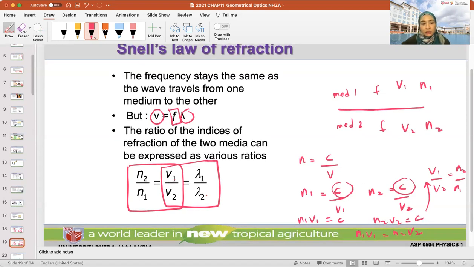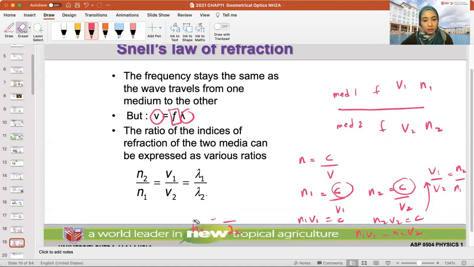We saw earlier that V1 over V2 is equal to lambda 1 over lambda 2. So I can say that N2 over N1 is also equal to the lambda 1 over lambda 2 ratio. This is the ratio that you need to remember and apply. It works either way: V with lambda, N with lambda, N with V, all of them work.